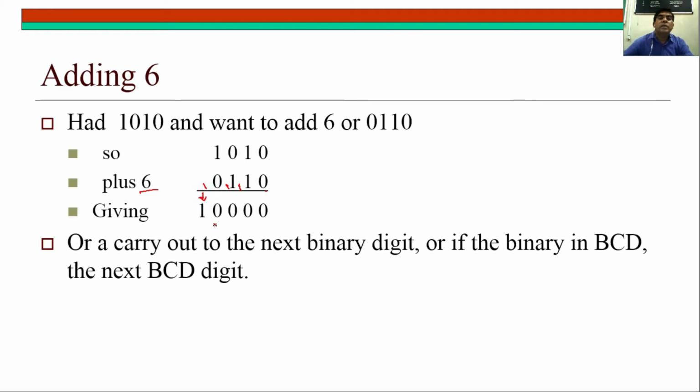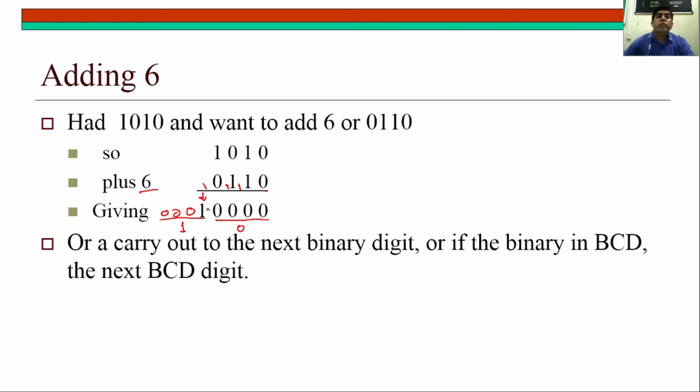Now let's see what happens. What is this? 0. This is the BCD code for digit 0. What is this? 1. So I can add 3 zeros here. This is the BCD code for 1. Means now it is 10.